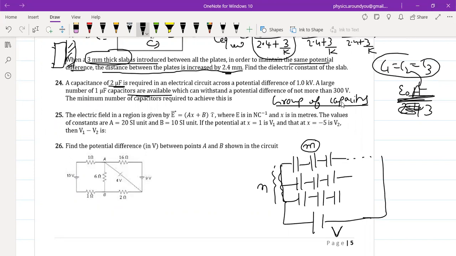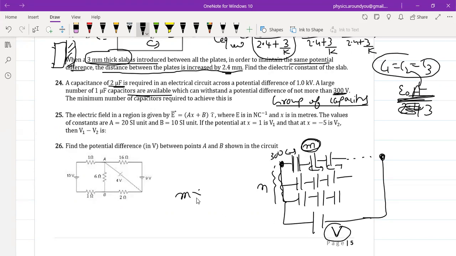So they are telling the individual capacitors cannot tolerate voltage more than 300. If there are m such capacitors, assuming that each of them has 300, 300, 300 across it, how many such capacitors can add up? Because the potential difference across this branch of capacitors is also the battery voltage.